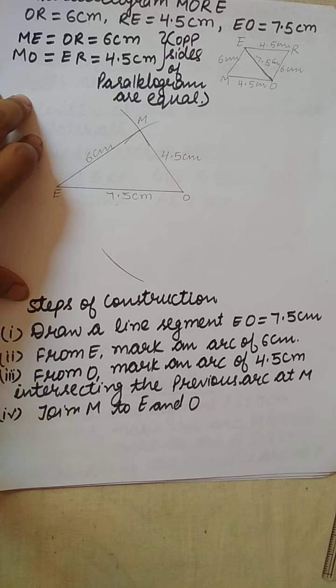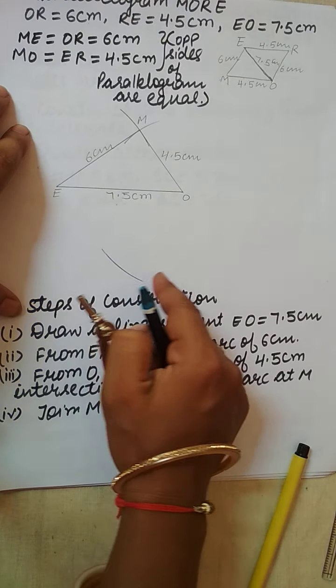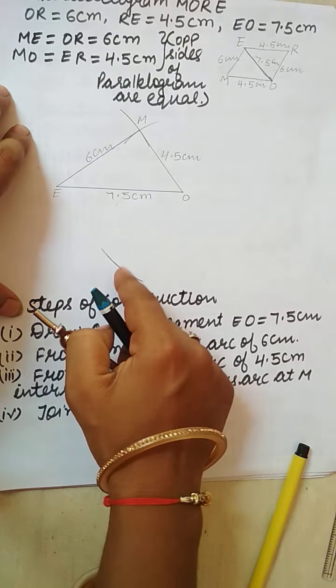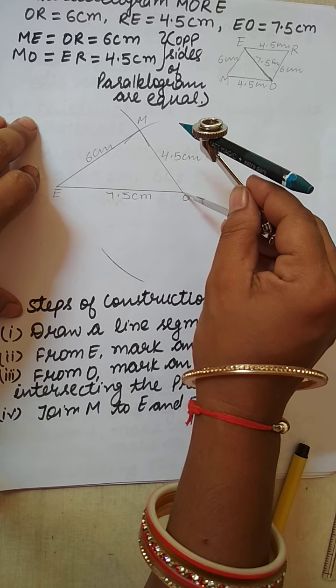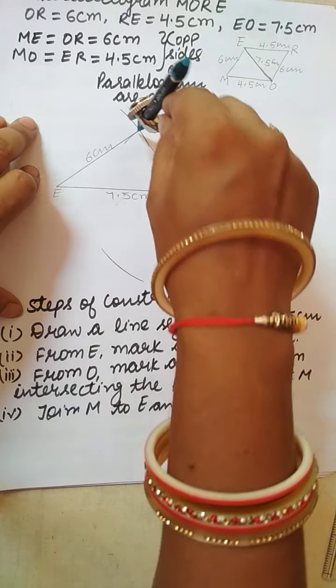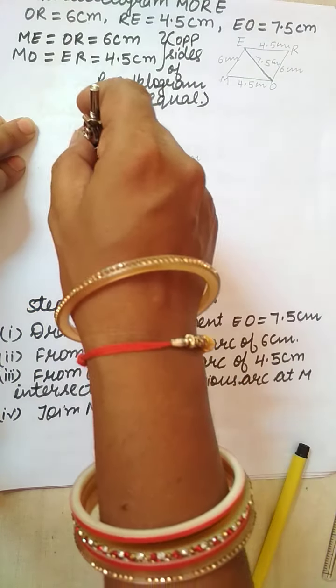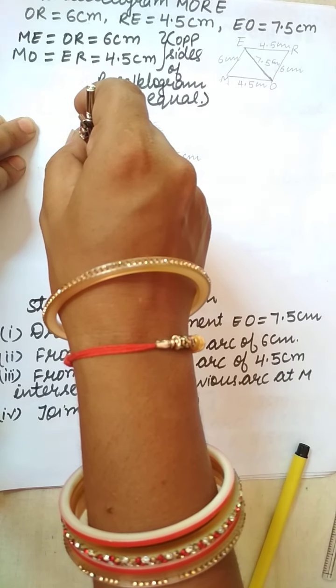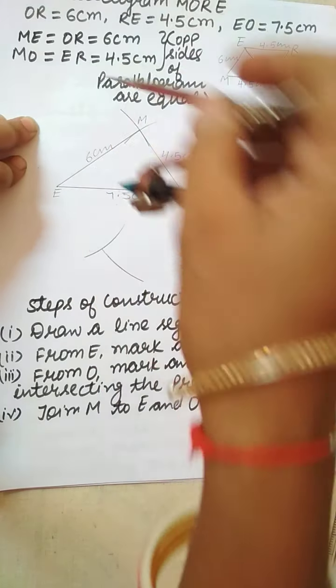Now next is to mark the arcs for the lower triangle. From O we have already marked the arc. Now I will open the compass equal to 4.5 centimeter and I will mark the arc from E intersecting the previous arc.